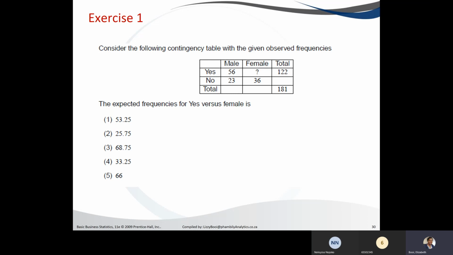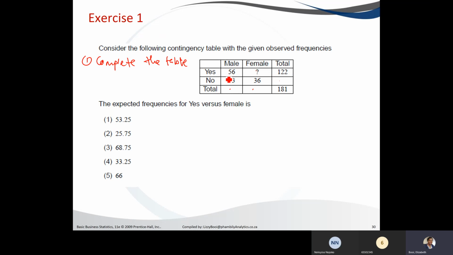For now, step number 1, I expect you to complete the whole table. Where you see the missing blocks and the question mark, make sure that you calculate all those values. How do you calculate the question mark?